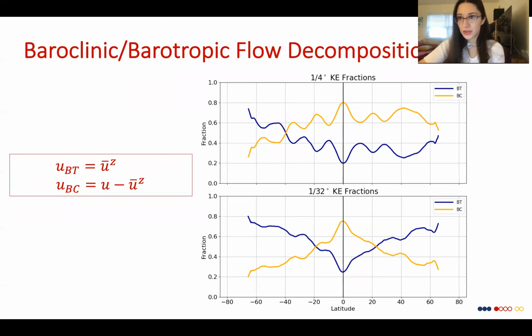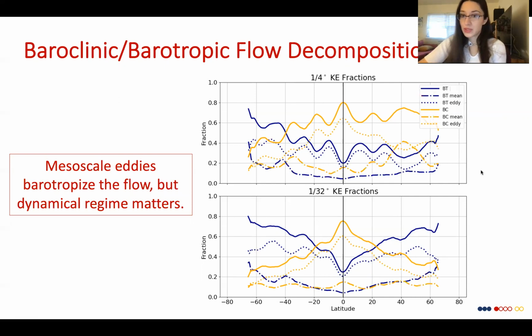So more than 60%. When we move to the high resolution case, with the exception of the equatorial region, we see that the flow is now predominantly barotropic. So a great deal of barotropization has happened in the high resolution case, which is indicating that the vertical structure of the kinetic energy has drastically changed.